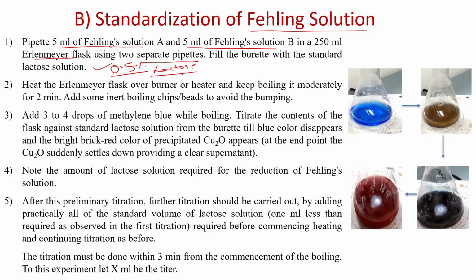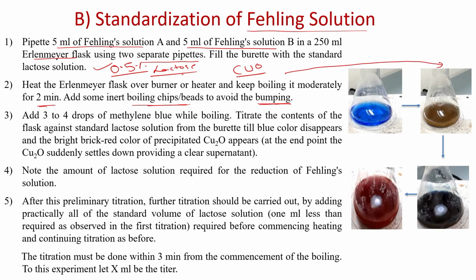Now heat the Erlenmeyer flask over a burner or heater and keep boiling it moderately for 2 minutes. In this step we have to add boiling beads or chips to avoid bumping. This step will convert your cupric hydroxide to cuprous oxide. After 2 minutes of boiling, you have a color like this, a slightly brown color.